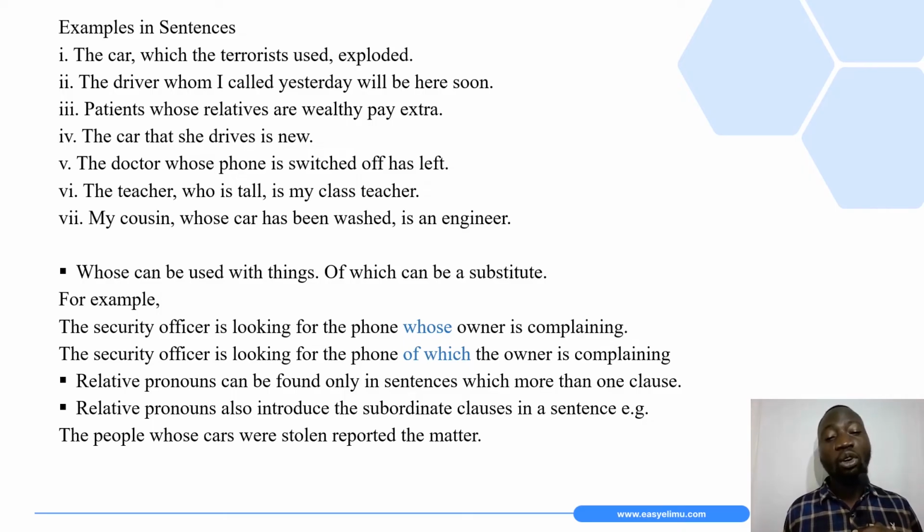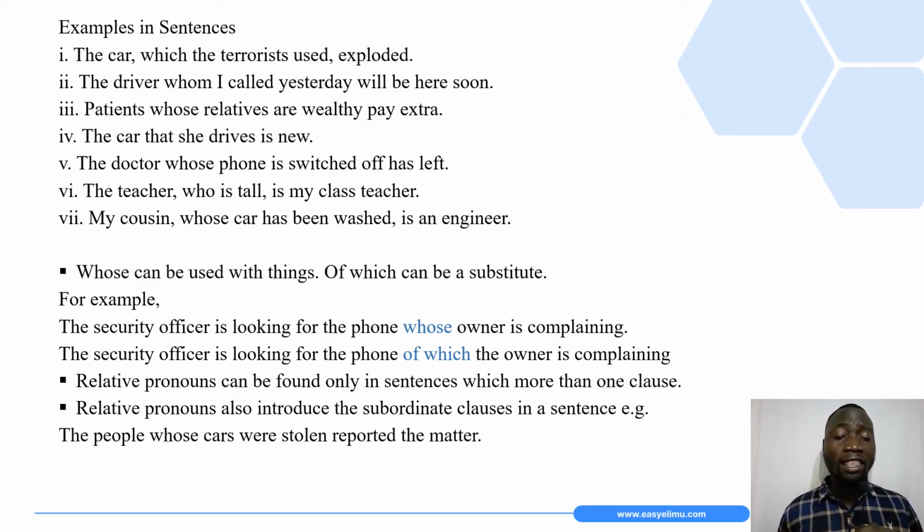Our relative clause there is whose car has been washed. That implies that the speaker has a number of cousins, but the specific cousin the speaker is talking about is the cousin whose car has been washed.